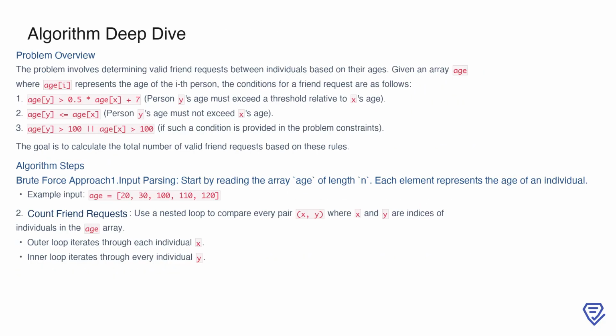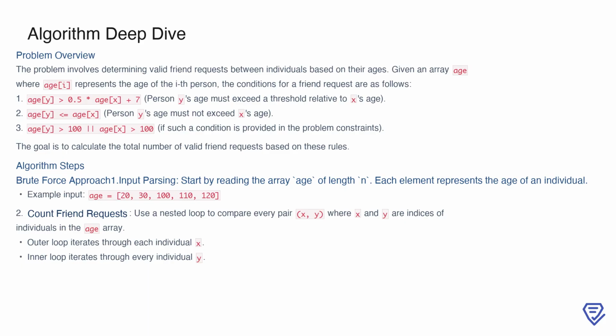In this problem, we need to determine the total number of valid friend requests that can be sent based on specific age-related criteria. Every person in the input array ages is represented by their age. To determine if one person can send a friend request to another, three main conditions must be met. First, the recipient's age must be greater than half the sender's age plus 7.